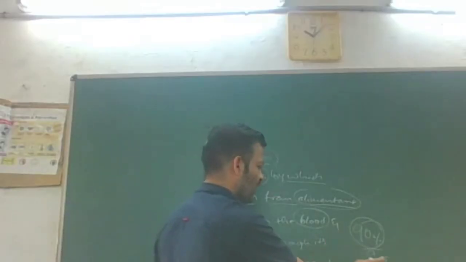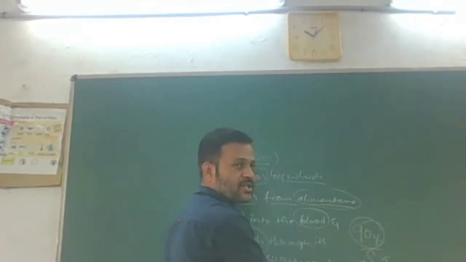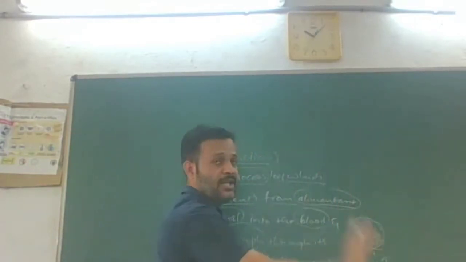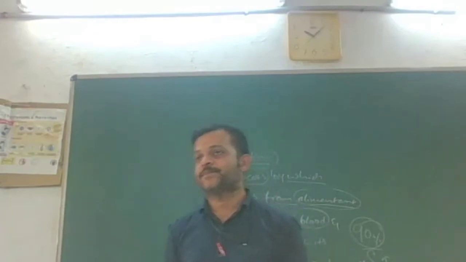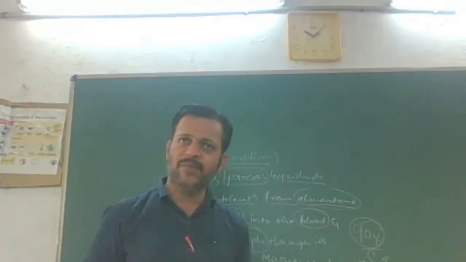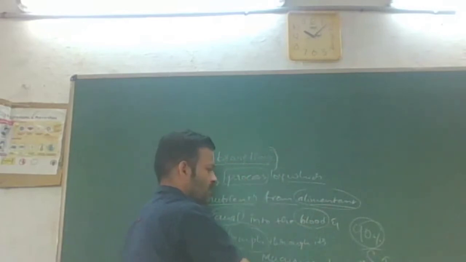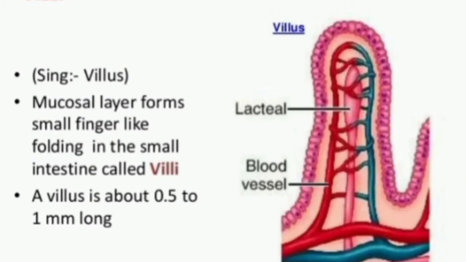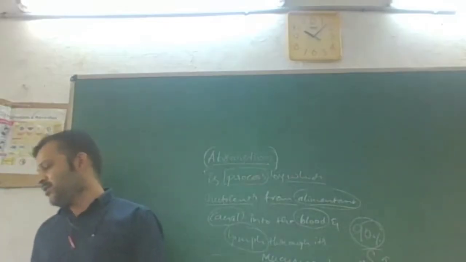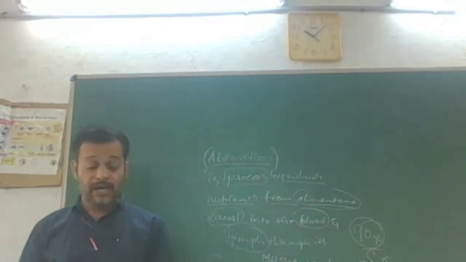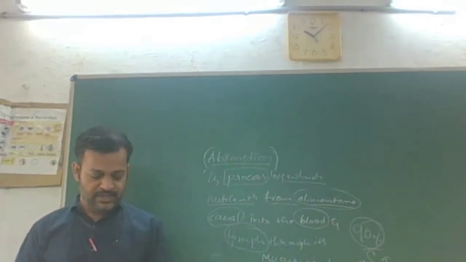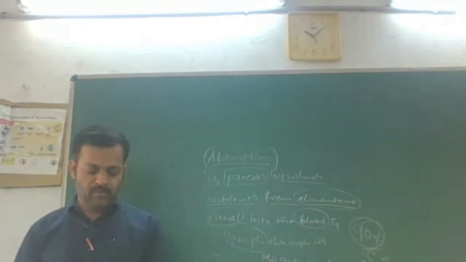I am telling about absorption, not digestion. The digestion process is already completed. We are talking about absorption. 90% is absorbed in the small intestine, 10% in the remaining organs like the stomach, mouth, and large intestine. Usually in the large intestine, water is absorbed more.